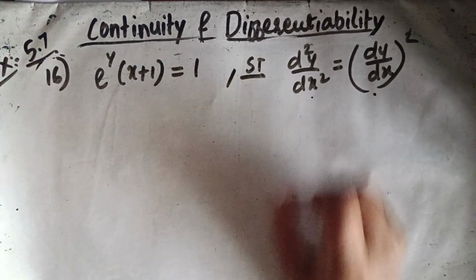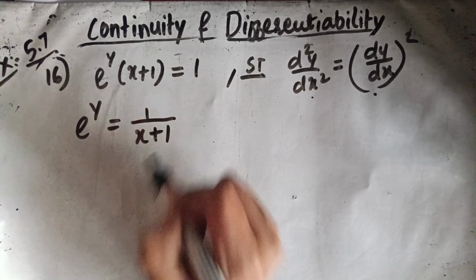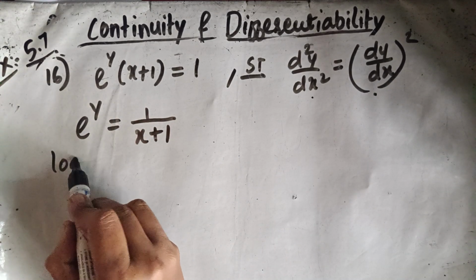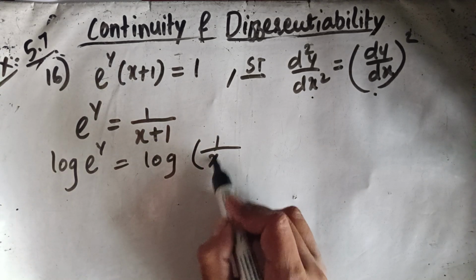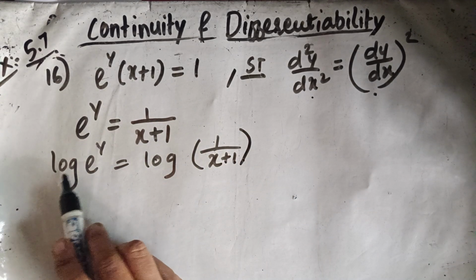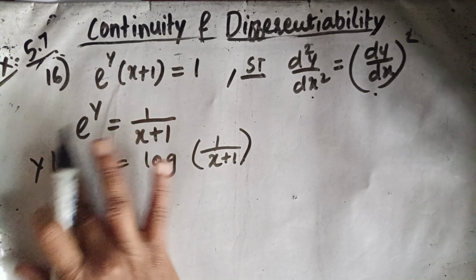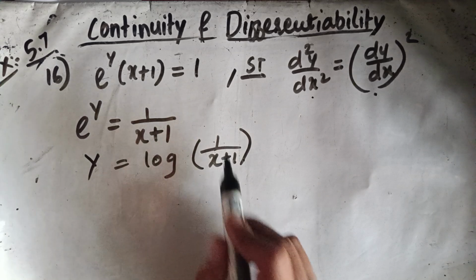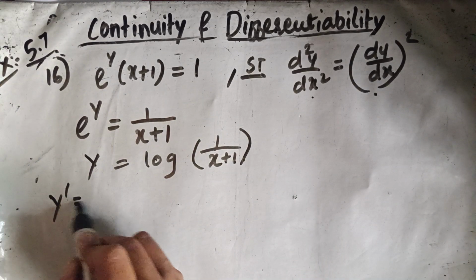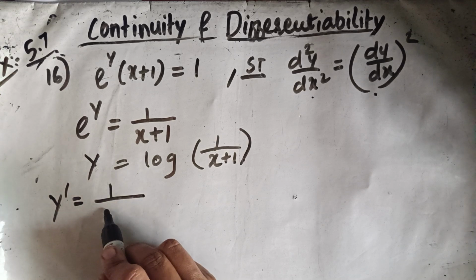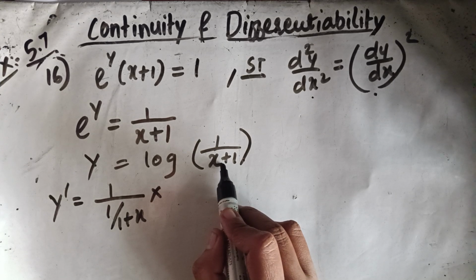So we can write this as e raised to y equal to 1 upon x plus 1, taking log both the sides. So log e raised to y means this is y log e. Log e is 1. So we will get y equal to log of 1 upon 1 plus x. Okay. Now the derivative. 1 upon 1 plus x into derivative of 1 upon 1 plus x.